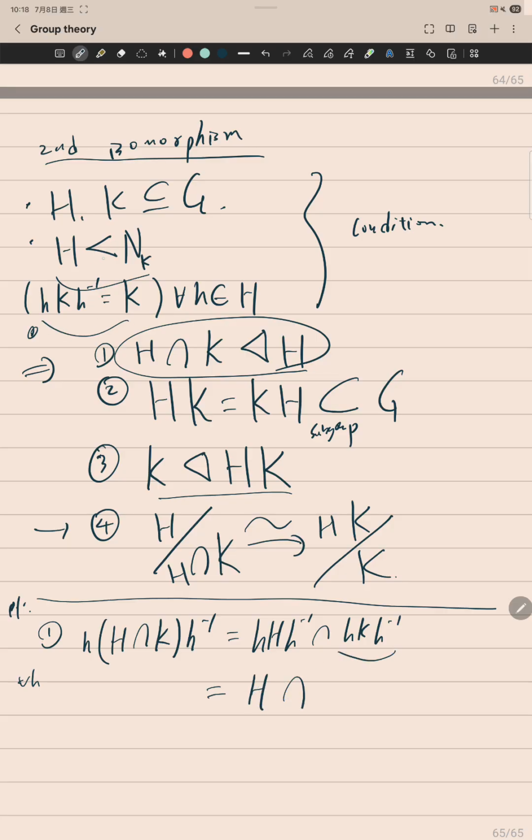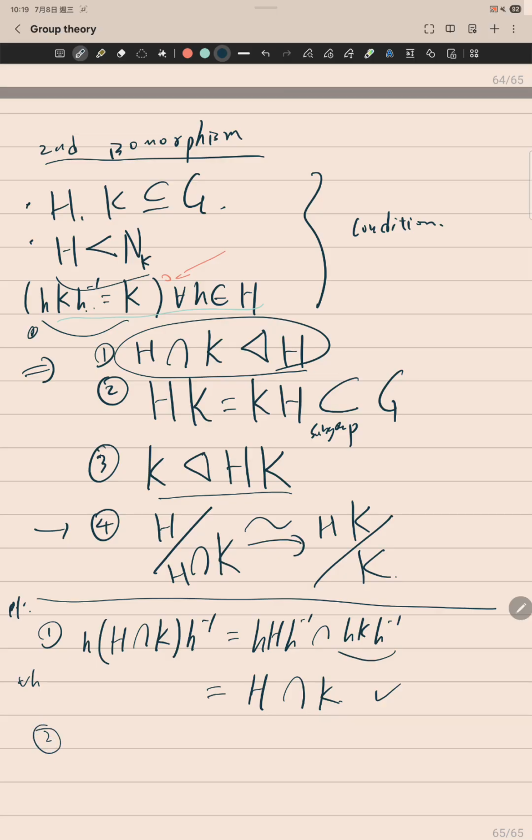Recall that H is a subset of the normalizer of K, so this is indeed K. I'm using this condition. Okay, so this one is proved.